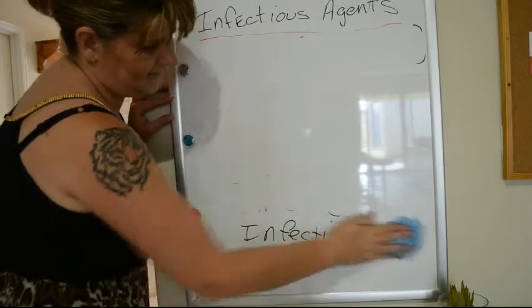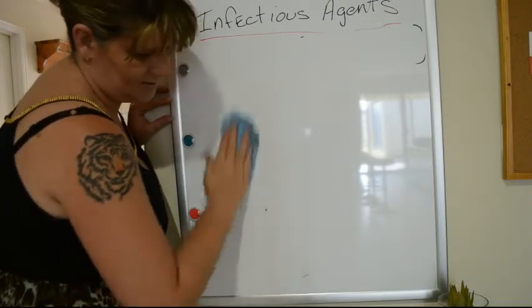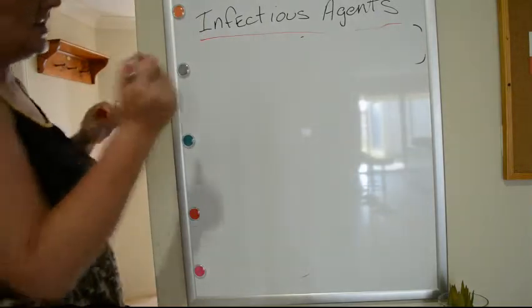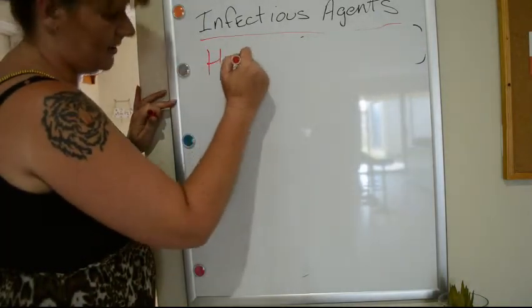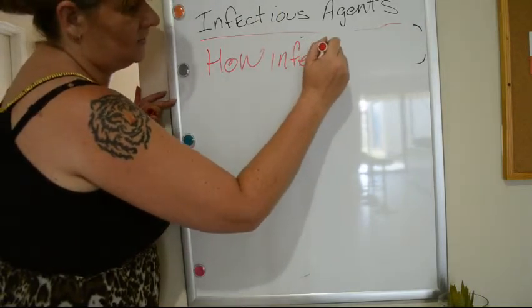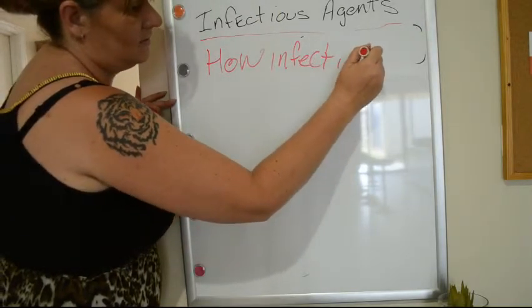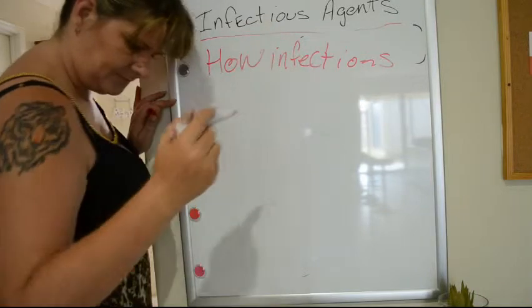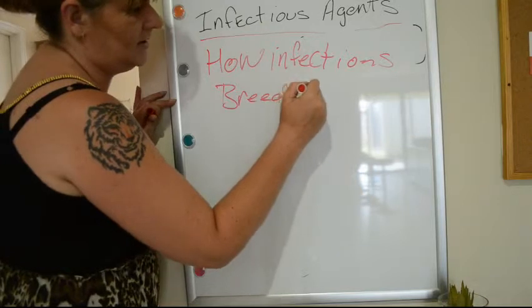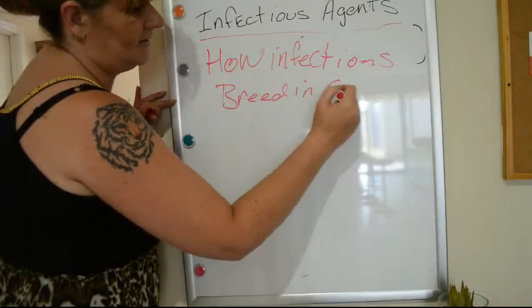So how does this information help us? We're going to talk about how infections breed in cells.